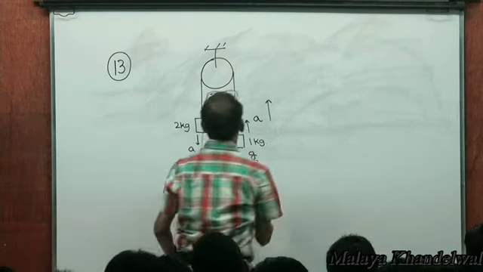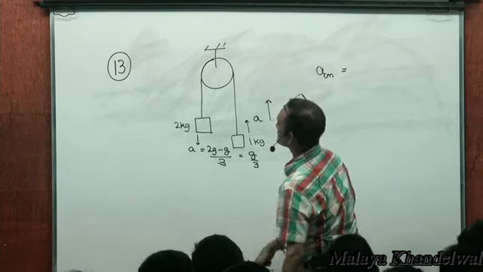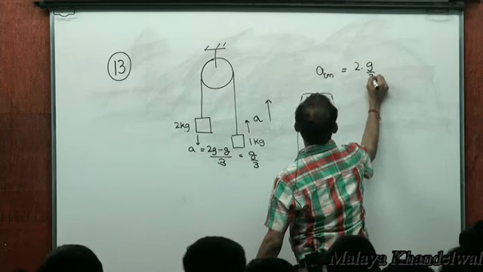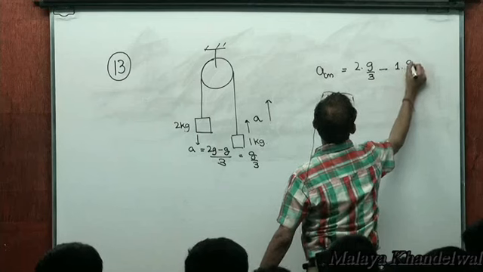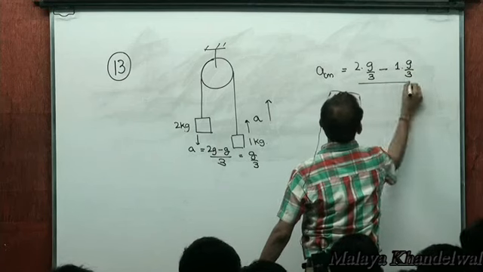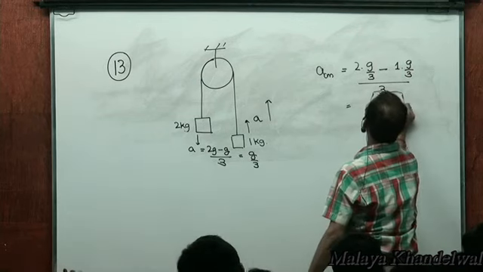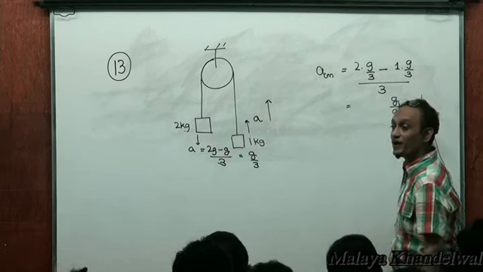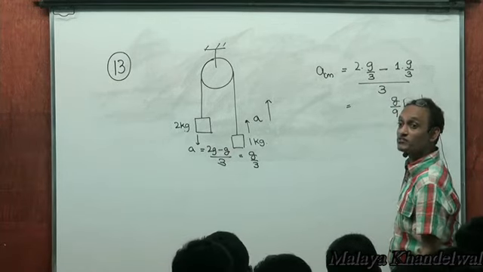And therefore the acceleration of the center of mass would be, let's say, 2 into g by 3 minus 1 into g by 3, divided by 3. Yes or no? That means g by 9 would be the acceleration downwards of the center of mass, right?